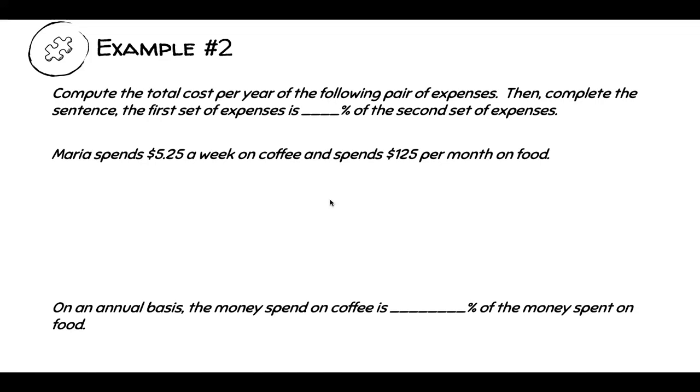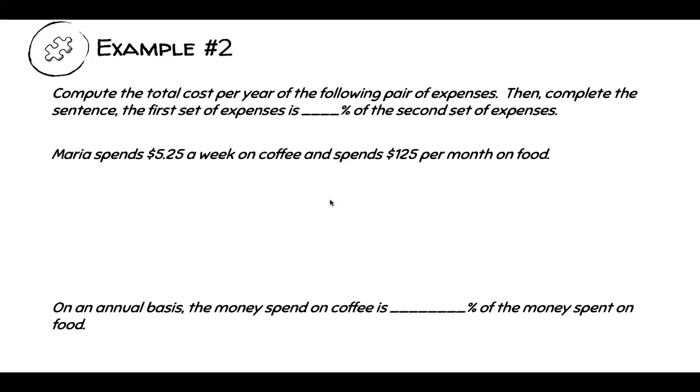So now we have the annual values for each one of these. The last part said on an annual basis, the money spent on coffee is what percent of the money spent on food. That's just making a fraction where coffee goes on top and food goes on bottom. We're going to take 273 over 1,500, and we'll express that as a percentage. 273 over 1,500 gives us 0.182.